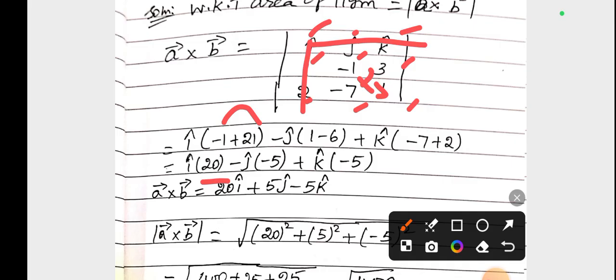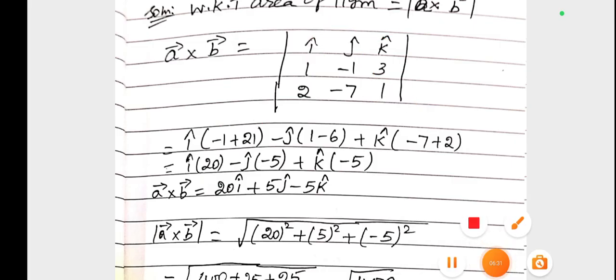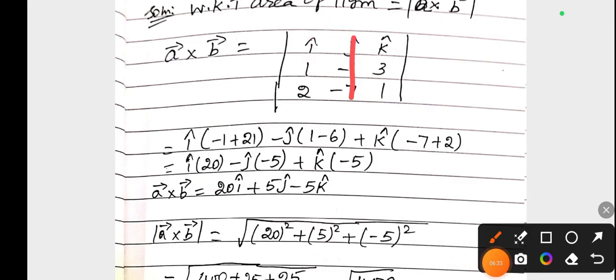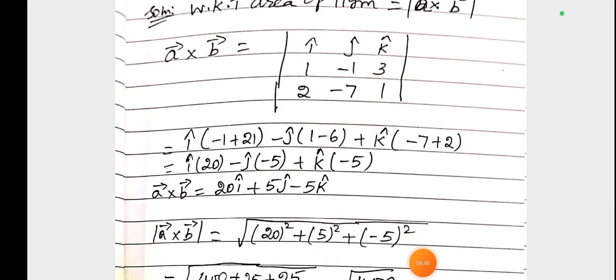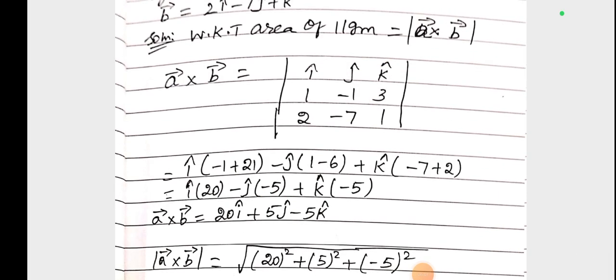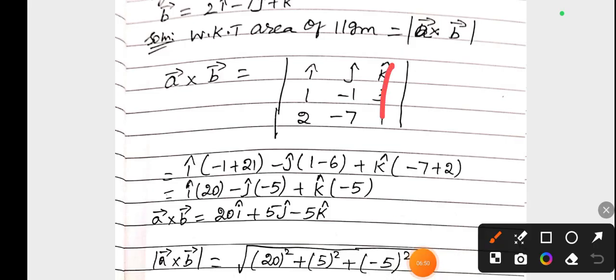So I hope you all remember the determinants. When you're doing the determinants, you will do the j with a minus. So you just delete these both. You will get 1 into 1, 1, and minus 2 into 3, minus 6. So you will get 1 minus 6, that is nothing but minus 5. Then you have here k. So when we have here k you have to delete.